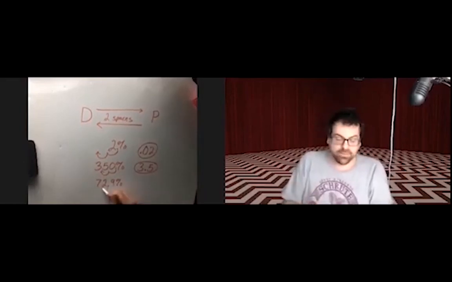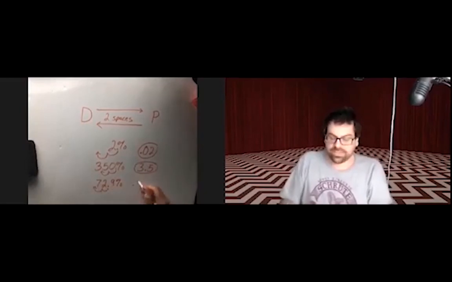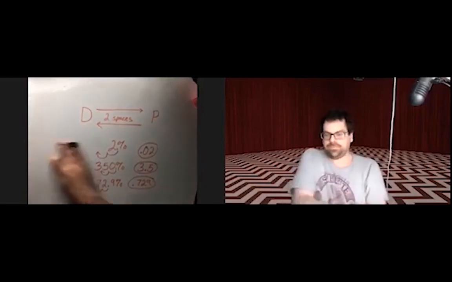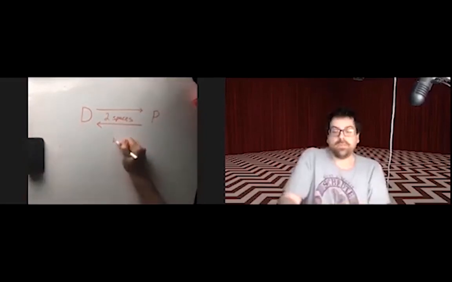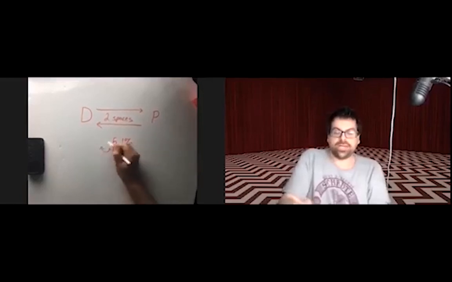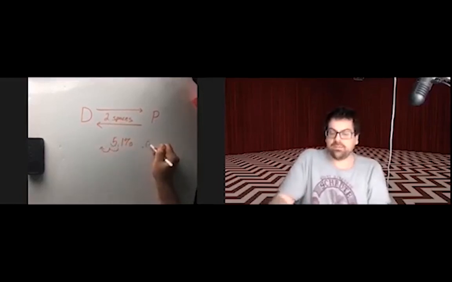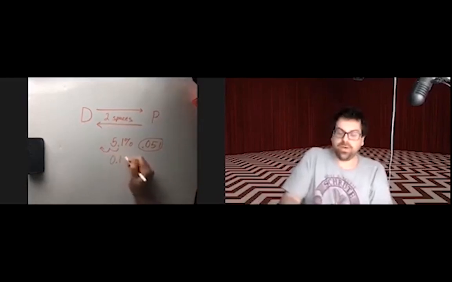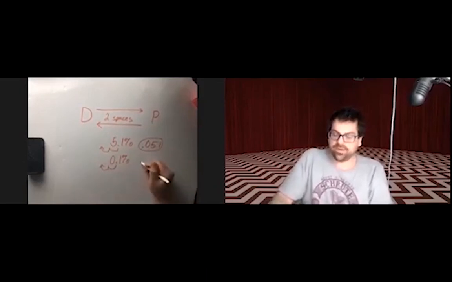Writing it as a decimal, we go 1, 2, so it's 0.729. 5.1%. 1, 2, we need a 0 to fill in the spot, 0.051. 0.1%. 1, 2. We need a 0 to fill in the spot, 0.001.